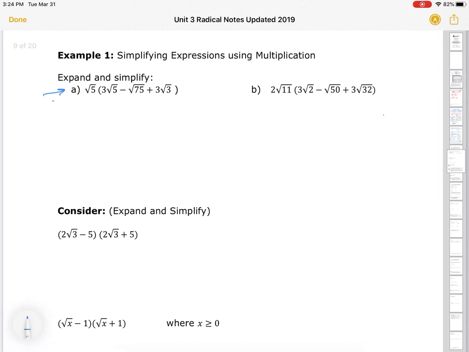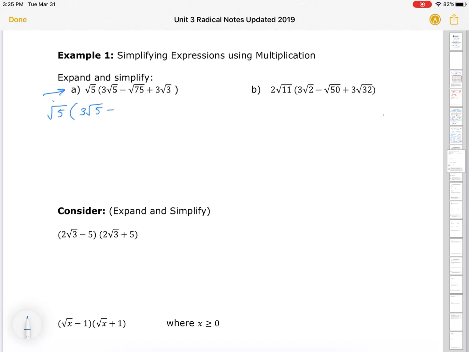Now looking at this first one, A, it's root 5 times 3 root 5 minus root 75 plus 3 root 3. Now before I multiply, because I like to deal with simpler and smaller numbers, I am going to change all the entire radicals, and there's only one in this case, to a mixed radical because it's going to make my life easier.